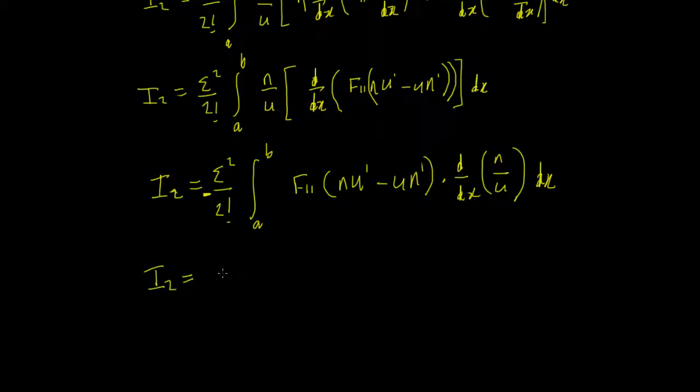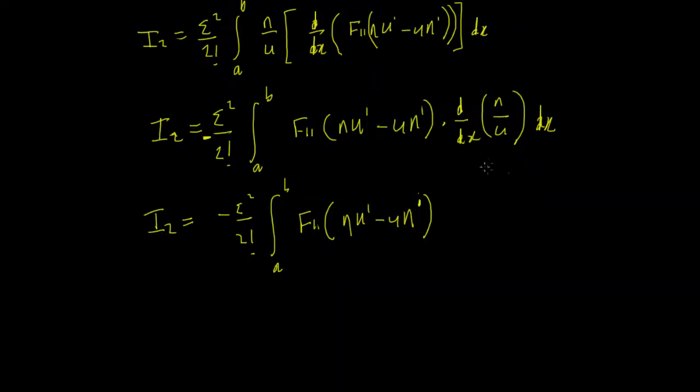I2 is minus epsilon squared upon 2 factorial integral from a to b of f11 eta u derivative minus u eta derivative. Now, if you remember your differentiation of a quotient, I'll just write it down below.